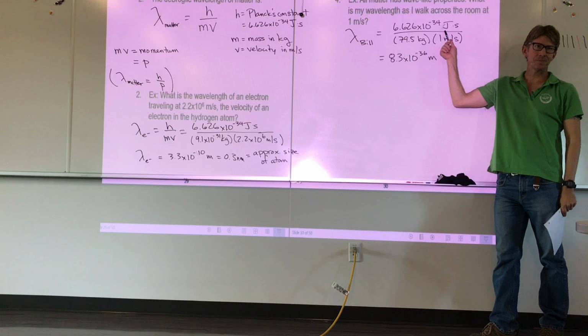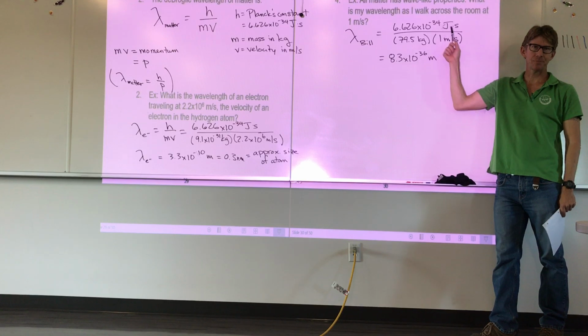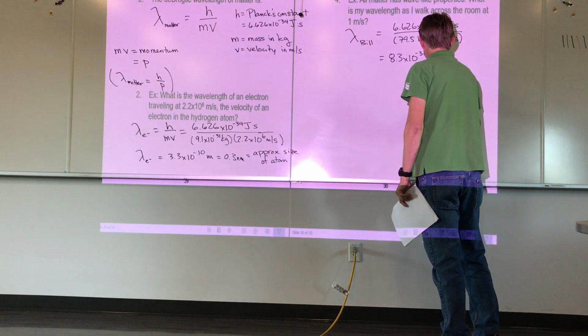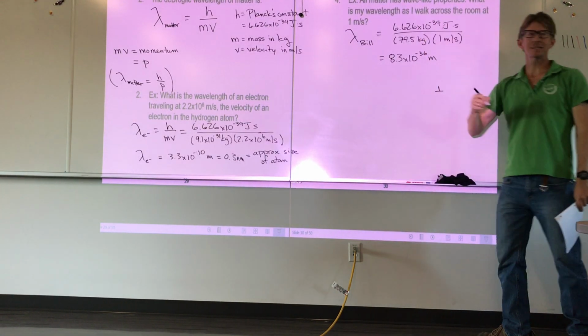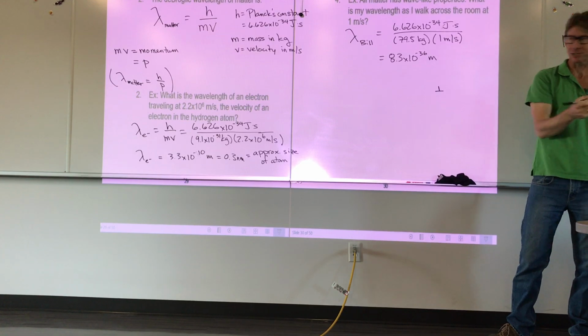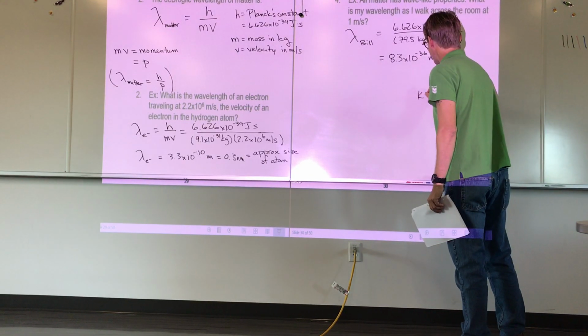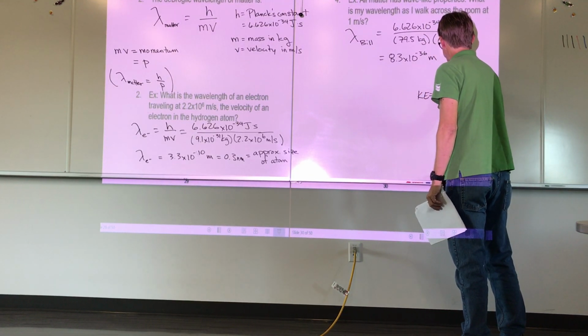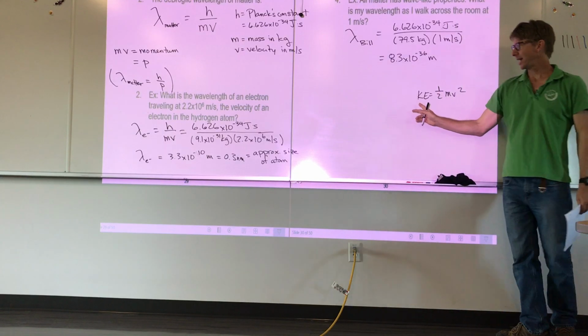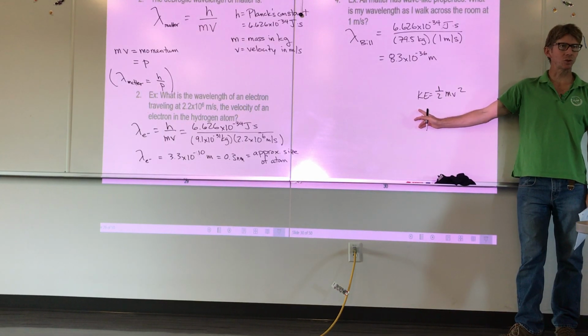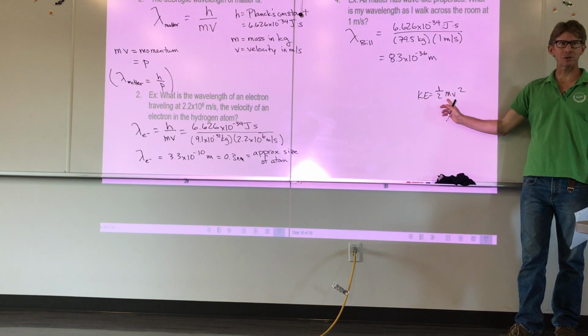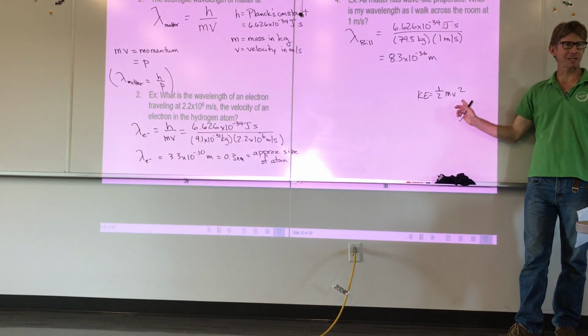A joule is a kilogram meter squared per second squared. That's the definition of what a joule is, actually. If you use this equation and think about kinetic energy being in joules, this is going to be kilograms, this is going to be meters squared per second squared.